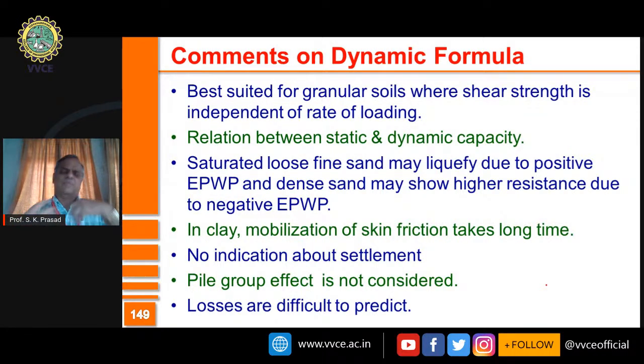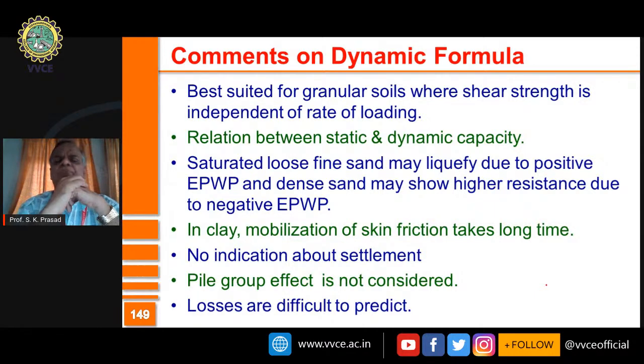So what are some of the important comments about dynamic formula? Please note that it is best suited for granular soils, okay, not for clay soils, where the shear strength is dependent on several factors, including rate of loading.